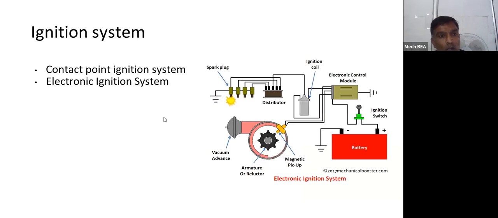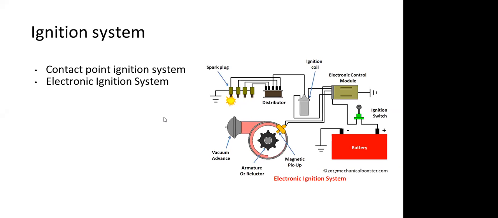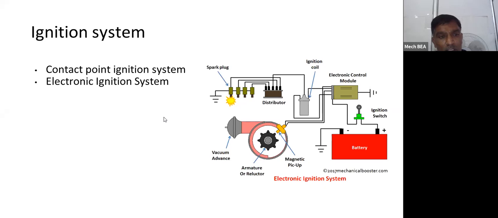Then one of the important systems which is part of the electrical systems of the automobile is called the ignition system. This ignition system may be a contact type ignition system or an electronic ignition system. You can see the layout of the electronic ignition system.